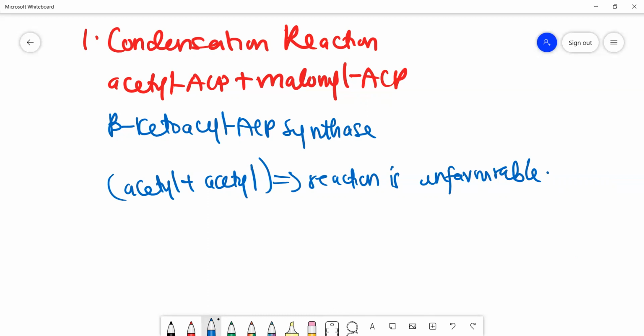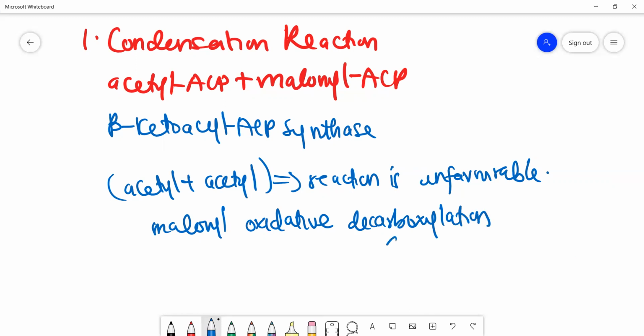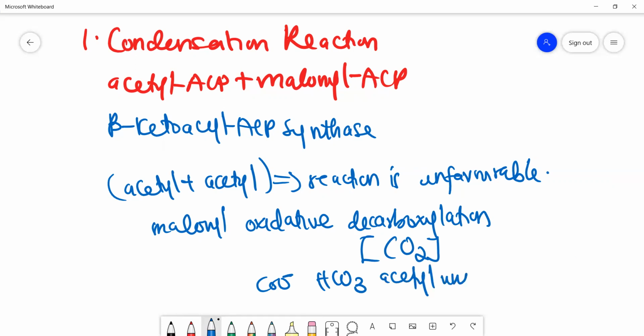So you ask yourself that in this reaction, malonyl is going to undergo what you call oxidative decarboxylation. The decarboxylation tells you that we are going to lose CO2, right? Very good. Why would the body add a carboxyl group from bicarbonate to an acetyl unit to form malonyl, and then add CoA to form malonyl CoA, and then come back in another step and want to remove the CO2?